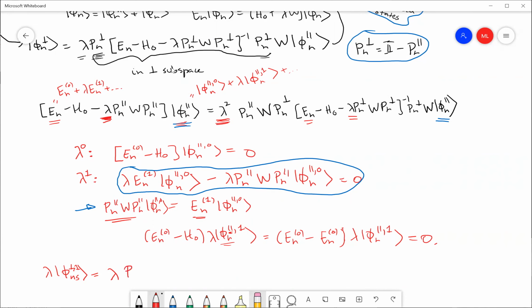So we're already at first order in lambda. So you get this guy, and we don't need to expand the En either. It's just the unperturbed eigenvalue, because we already have the lambda, minus H naught.